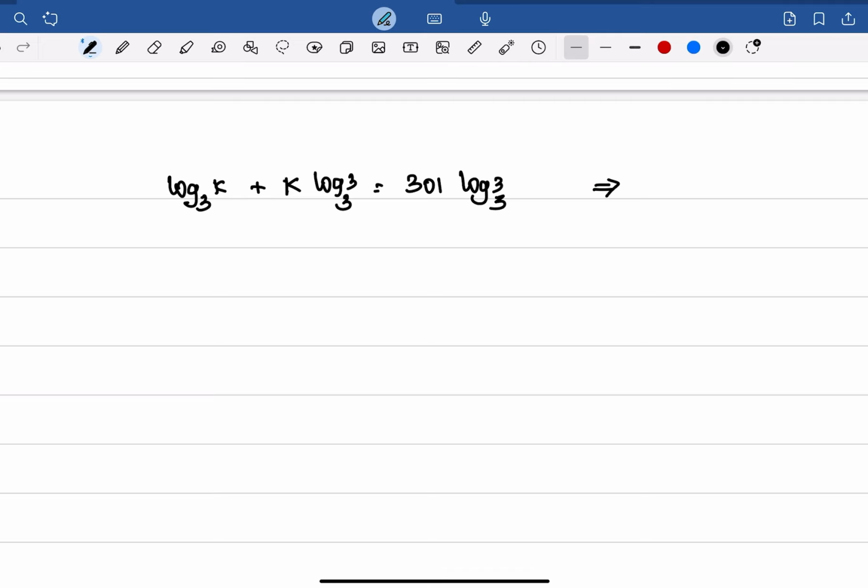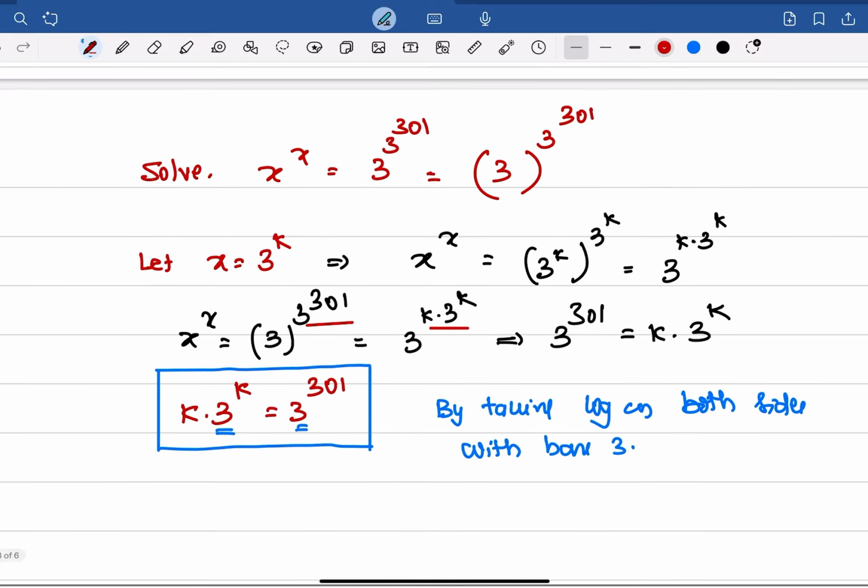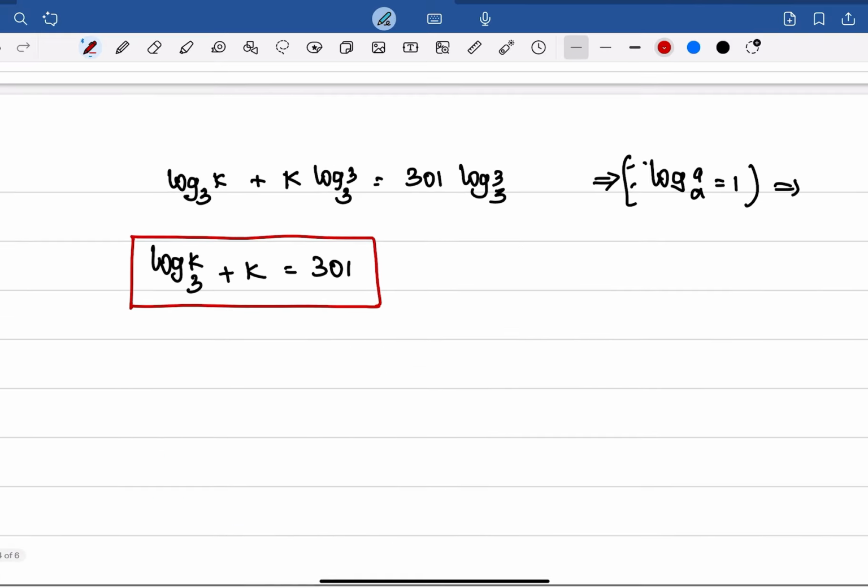That implies, since log a to the base a is equal to 1, log k to the base 3 plus k is equal to 301. We are step by step trying to simplify the equation so that we get some answer, because we are unable to get the answers as everything is a power of 301 and 3 to the power of k.